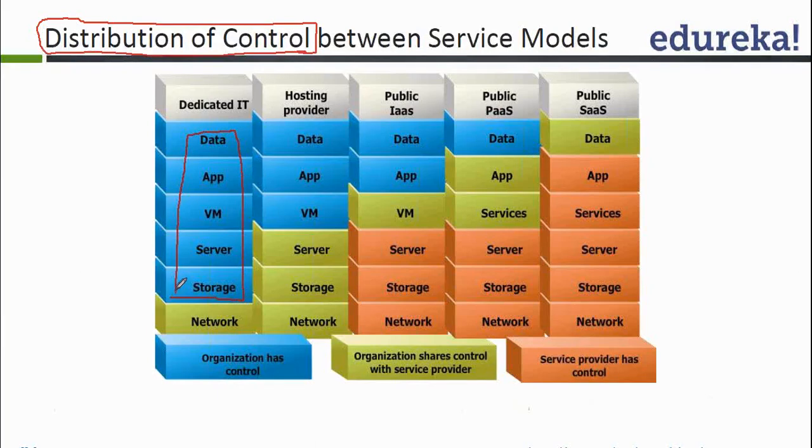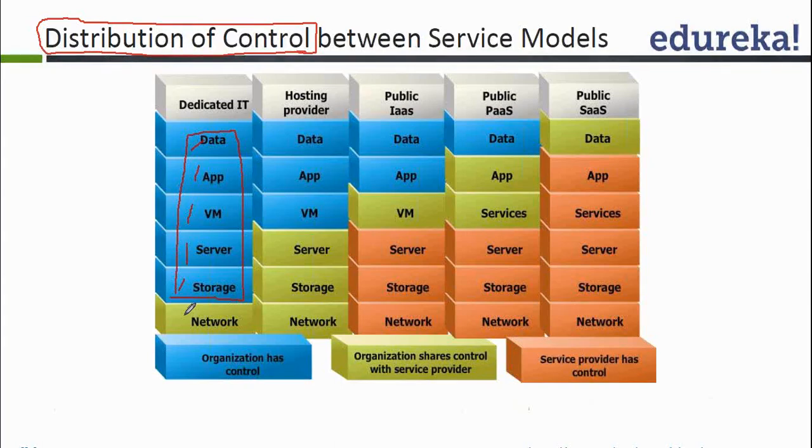Because you make your own infrastructure, you would have everything on your own. Network, you would be sharing with someone because you might have taken internet from Bharti Airtel, Vodafone, Tata Communication or Reliance. So it's shared. Shared means it can break at 2 points. Either it breaks from your end or it can break from that service provider's end also.